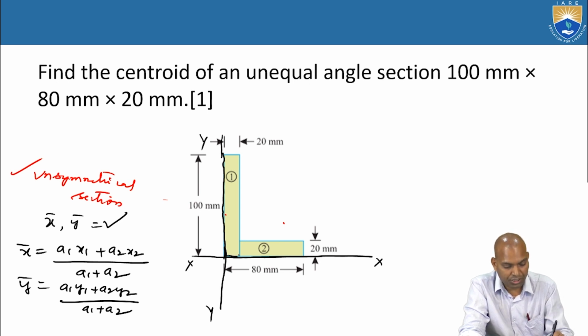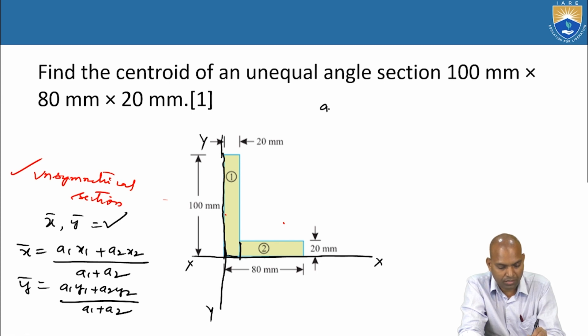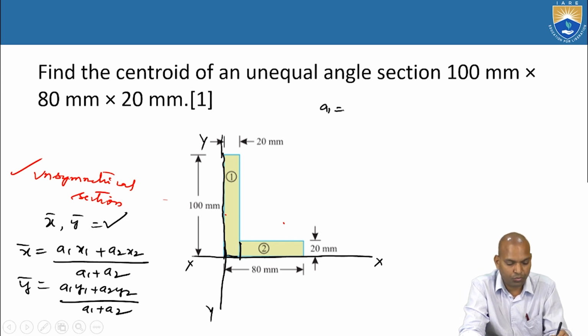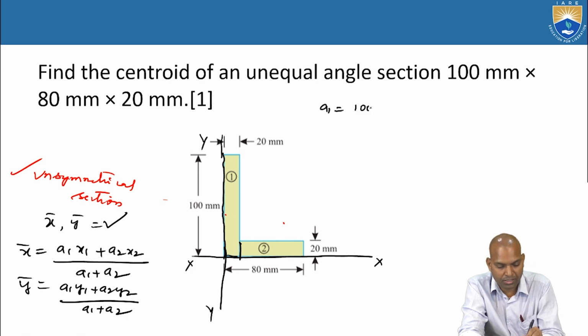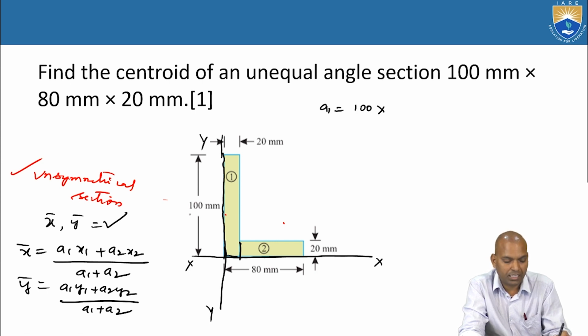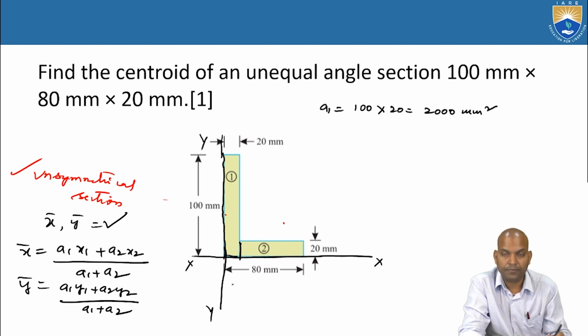Mark section 1. A1 is the area of section 1. It is a rectangular section, length 100 millimeters into breadth 20, that is 2000 square millimeters.